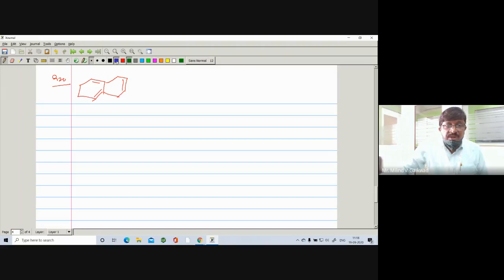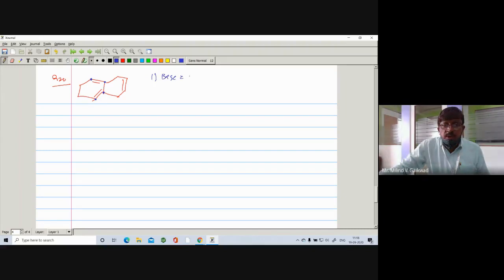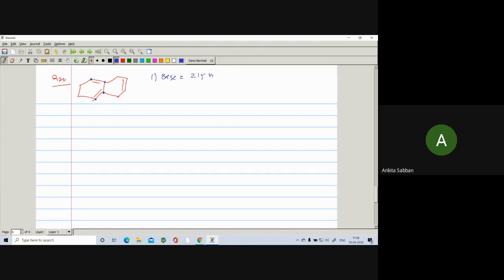So your system will start from here: carbon 1, carbon 2, carbon 3, and carbon 4. Only these four carbons are in conjugation; they are in the system. This pi bond is not a part of the system, so you have to consider only this one. So the base value for this one is 215 nanometer.